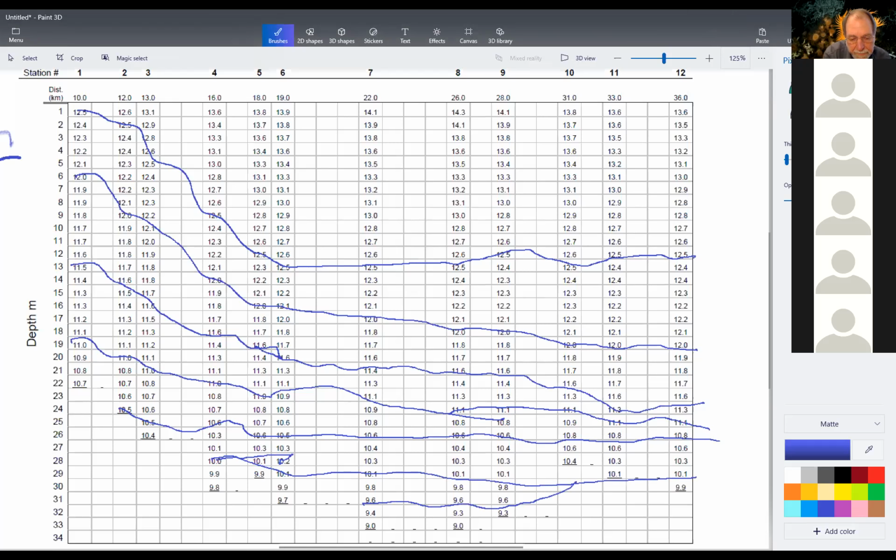It's up there. And then 9 is at the very bottom. And on the top, we go from 12.5 to 13. So that's 13. And then 13.5.